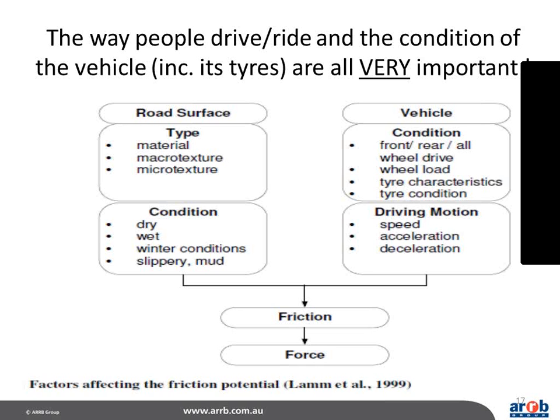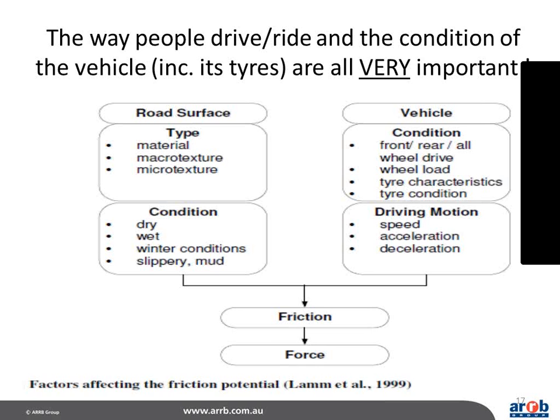The condition of the vehicle, even just the drive of the vehicle, how the wheels are loaded, the tyre characteristics, their width, their depth, how good a condition the tread's in, are they a bald or a treaded tyre? What sort of speed are people driving at? Are they trying to accelerate or decelerate? All these things will have an influence.